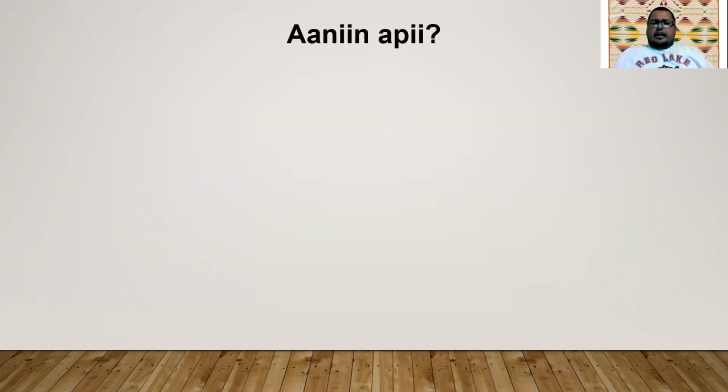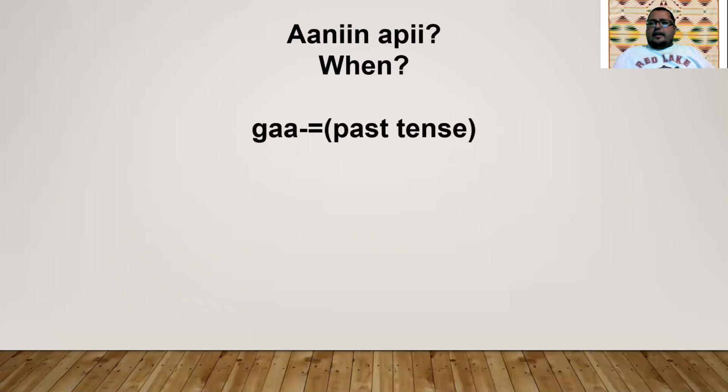Gonna go right into it. Anina P, when? When we used wa the last episode, part 2, episode 41, lesson 41. This one we're going to use ga, ga meaning past tense.